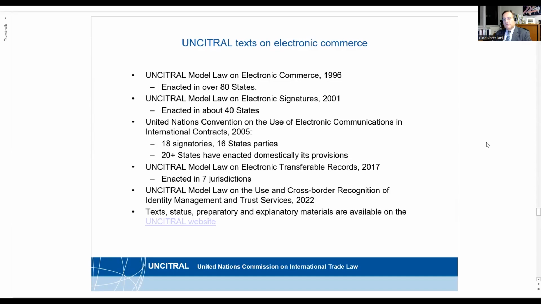All these 5 main texts that we will see now, with explanatory notes, with their current status, with the preparatory materials, all of this information is available on the UNCITRAL website in the 6 official languages of the United Nations. So you have a really significant amount of knowledge available.